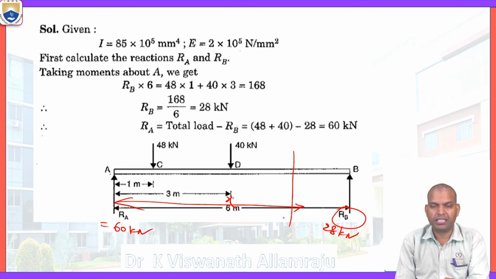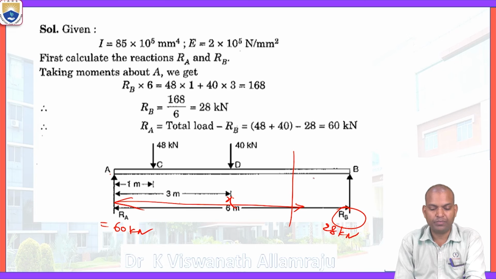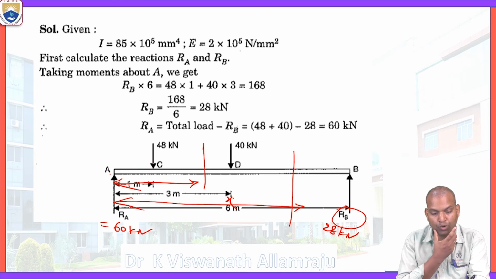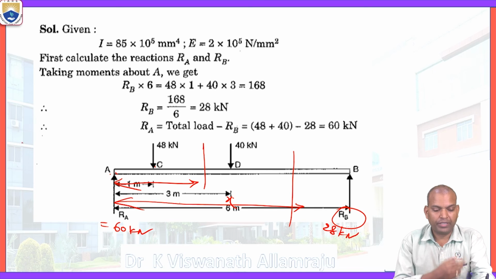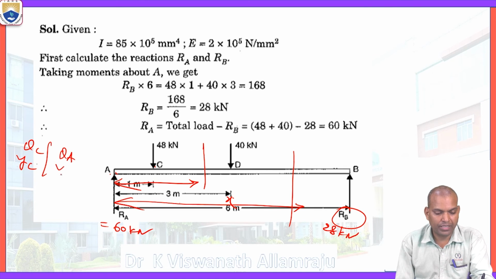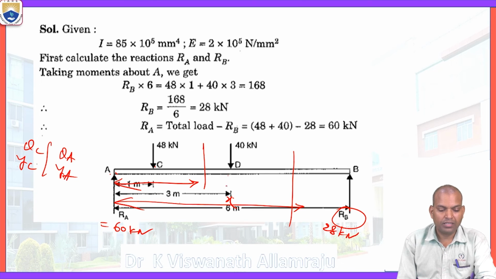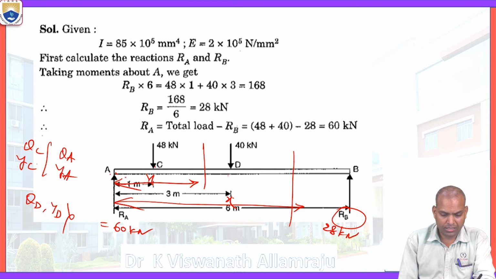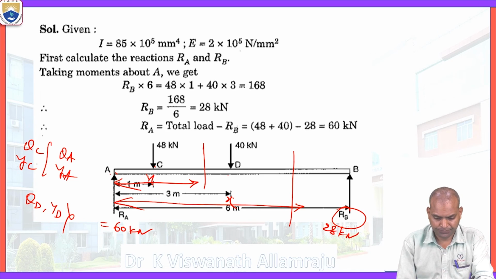That's why we consider section X between D and B. If we consider the section X between C and D, we can calculate the deflection and slope of points up to C and A. We can calculate theta C, YC, theta A and YA. We can't calculate theta D and YD if we consider the section between C and D.